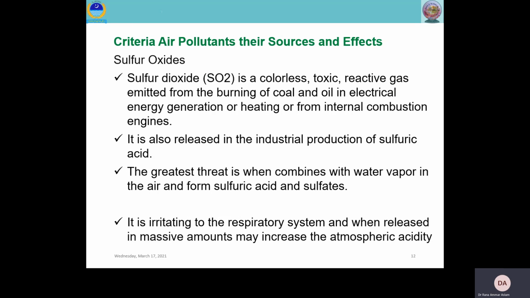Before going into its impacts, let's talk a little bit more about its sources.